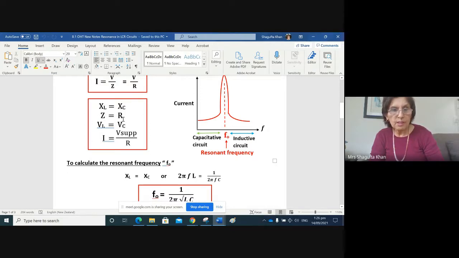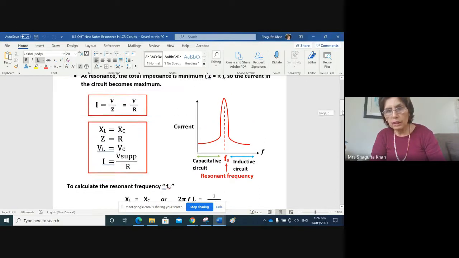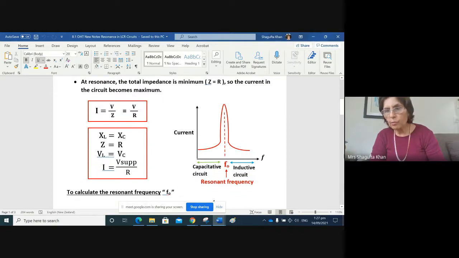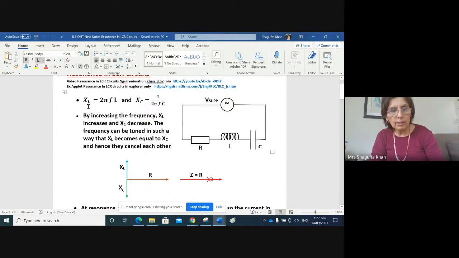Total impedance is minimum, and that is equal to R. VL is equal to VC, and current is equal to supply voltage over R. Now, the graph, if we change the frequency, then remember the formula for XL is 2 pi FL.